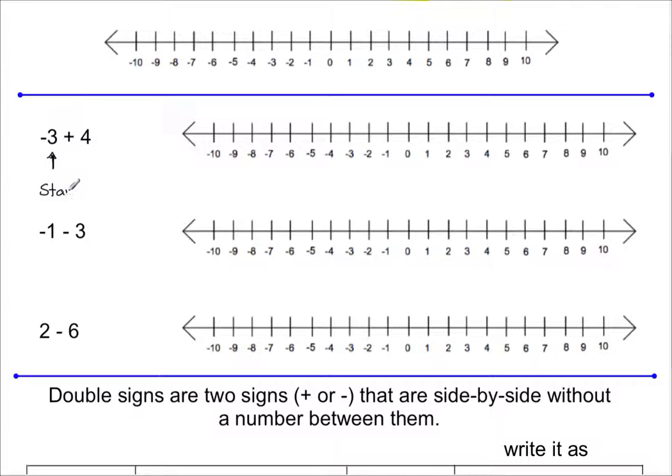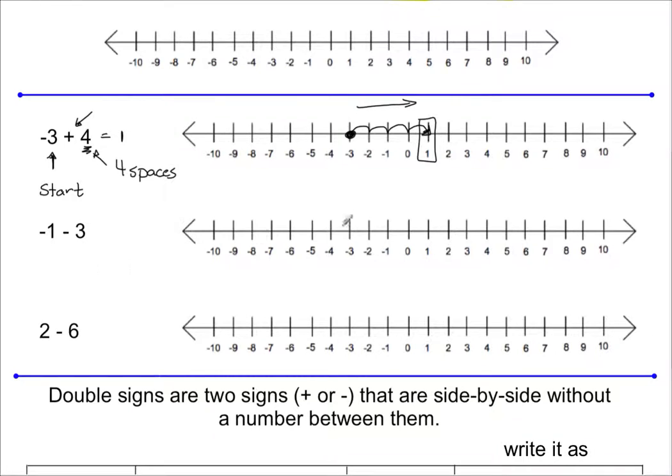So we put a dot at -3, and then we have a plus in the middle, that's adding, so we have to go this way on the number line, and this tells us how many spaces. So 4 spaces. We get all of that from that one little statement. I'm going to do it in jumps. 1, 2, 3, 4. Now that brings us to 1. So that means that -3 plus 4 must be +1.